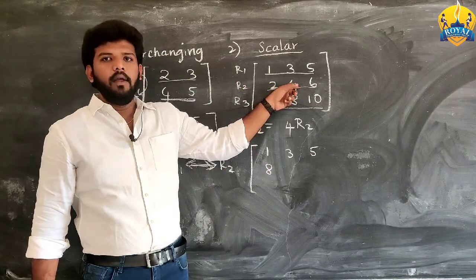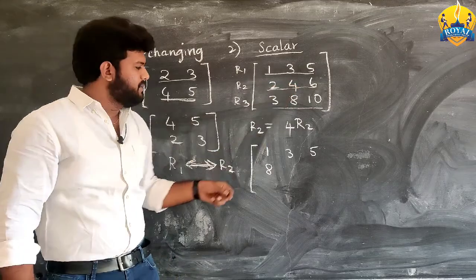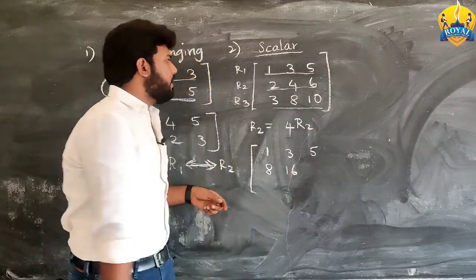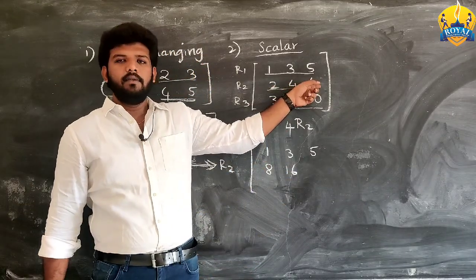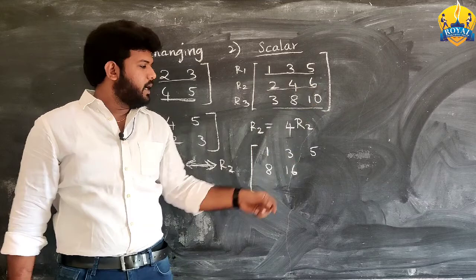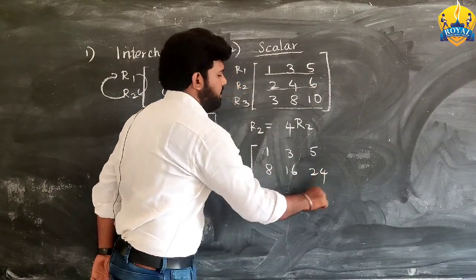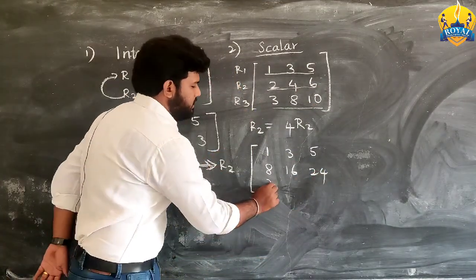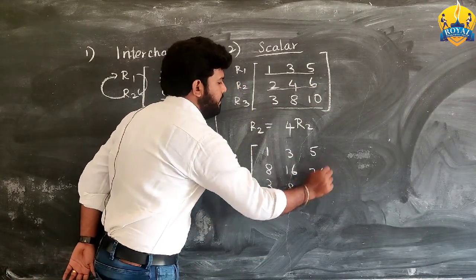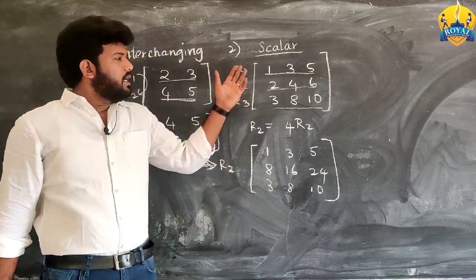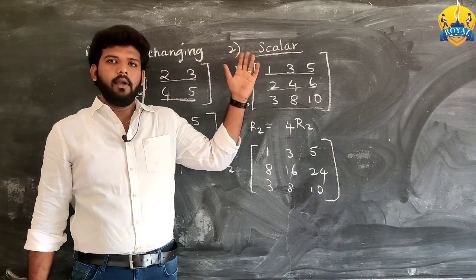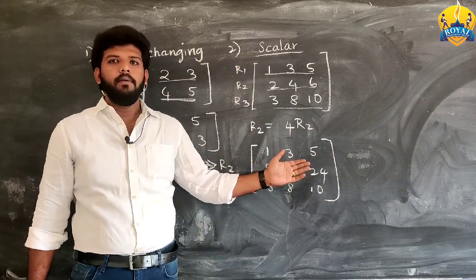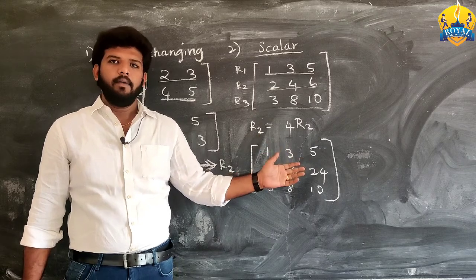Next, 4 becomes 16. Next, 6 becomes 24. R3 remains the same, 3, 8 and 9. So this is scalar multiplication: a row can be multiplied by a number.